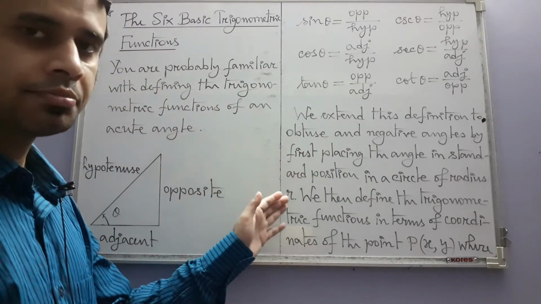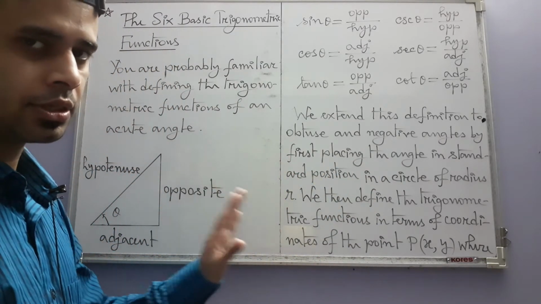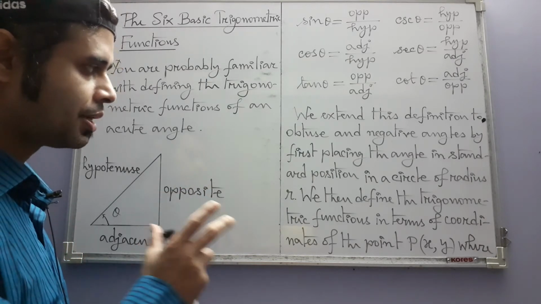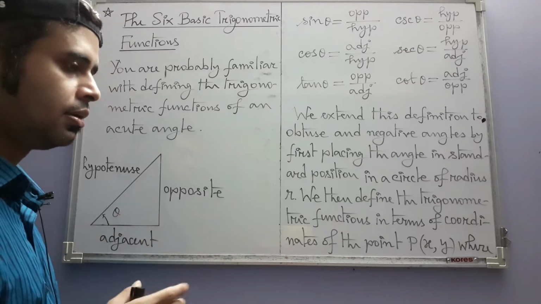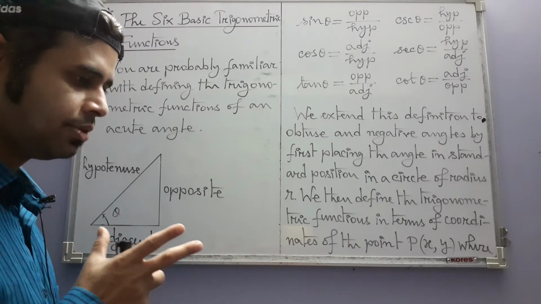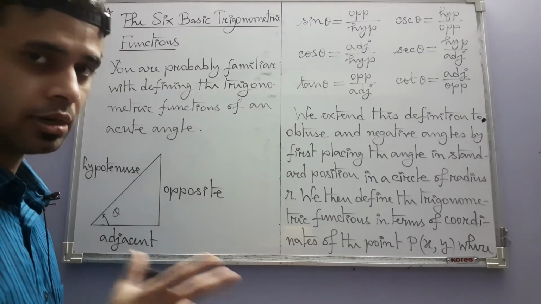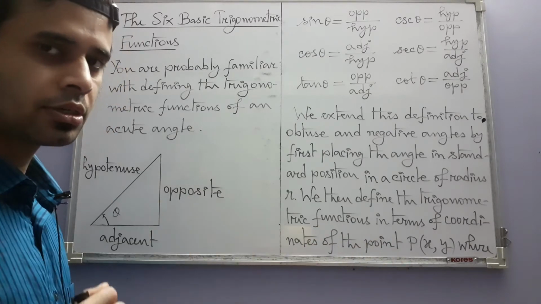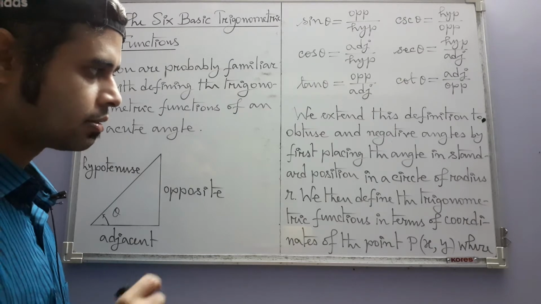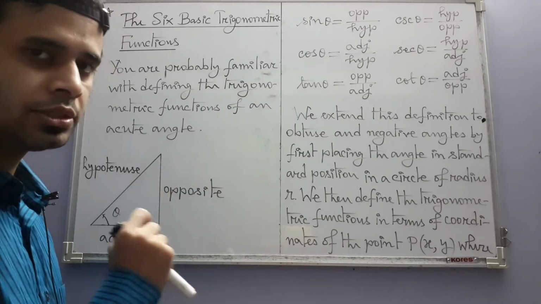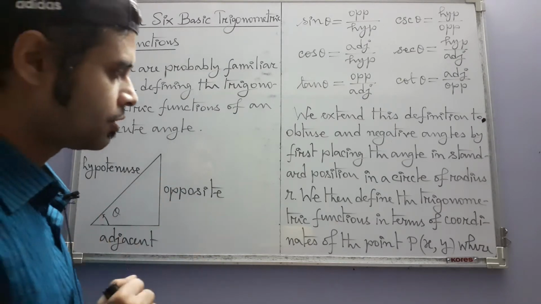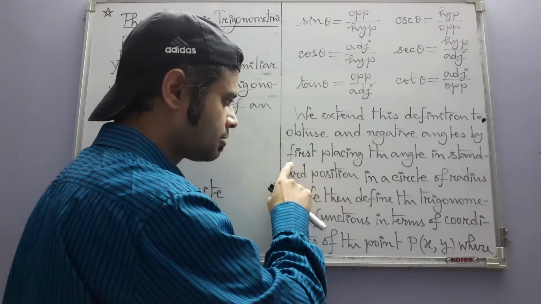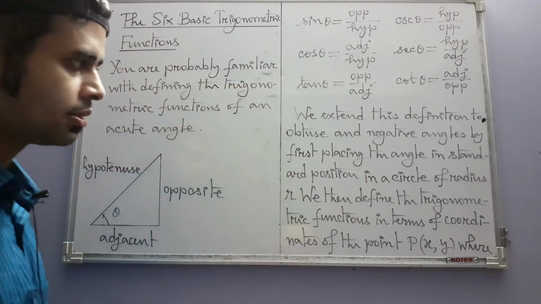We have seen in the previous video what the standard position of an angle is. That is, you have to place the angle in such a way that the initial, the fixed ray of the angle matches with the positive direction of the x-axis, and the vertex of the angle coincides with the origin of your coordinate system. Once you do that, the angle is said to be in standard position.